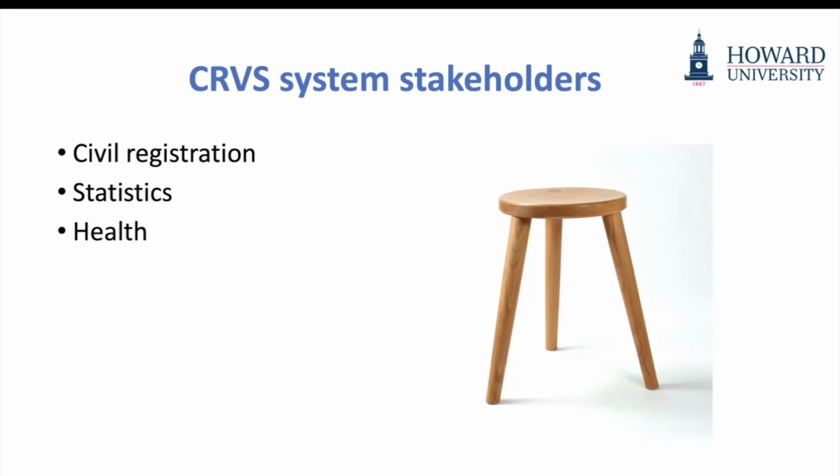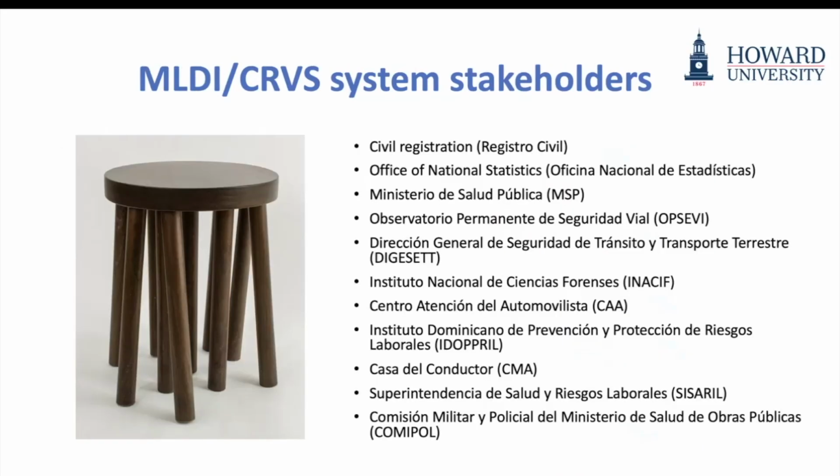With MLDI systems, there are many more stakeholders, so just think about it for a moment. Who would you add as another leg to the stool? Maybe you would consider police, the Ministry of Justice or Interior, laboratories, funeral homes, and potentially many others. The Dominican Republic has an 11-legged stool for the various stakeholders in the MLDI system and CRVS system.